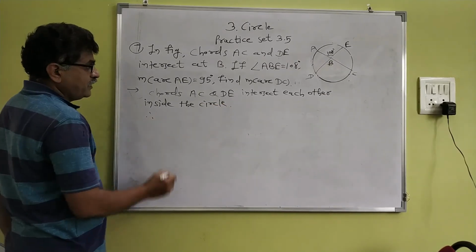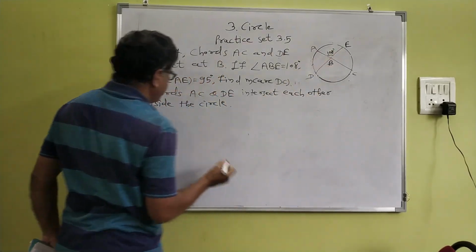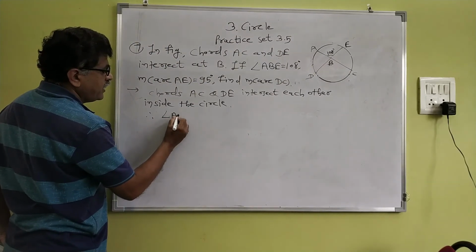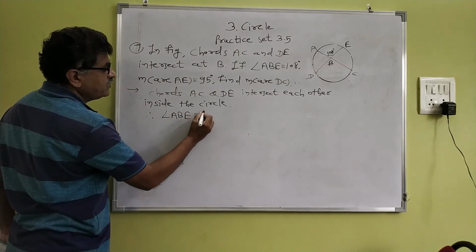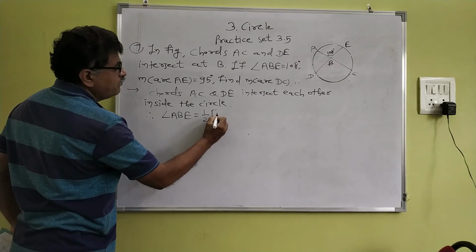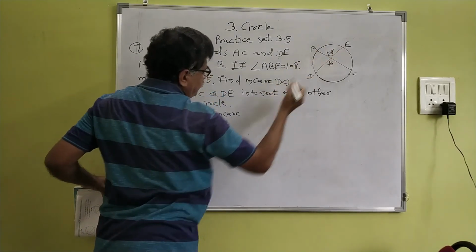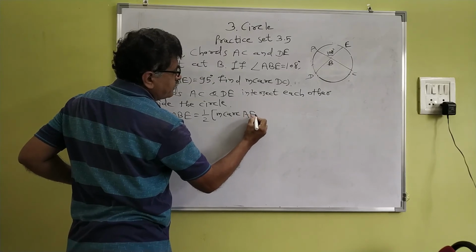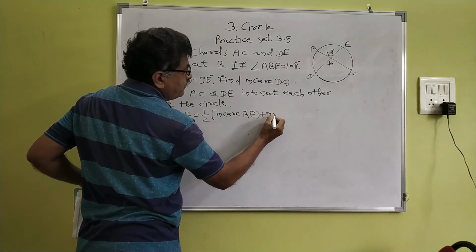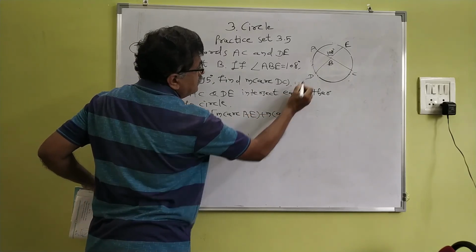Therefore, angle ABE is equal to 1 upon 2 into measure of arc AE plus measure of arc DC.